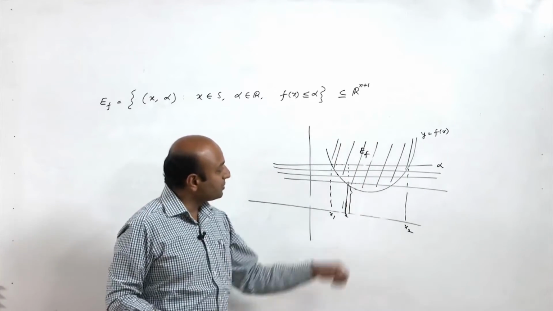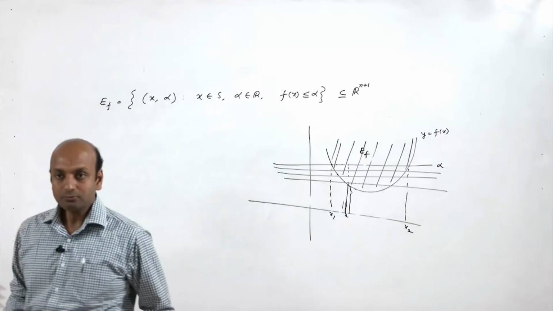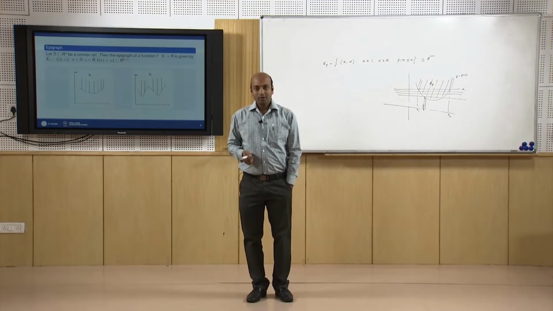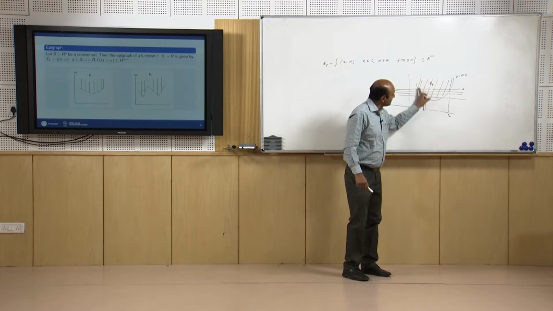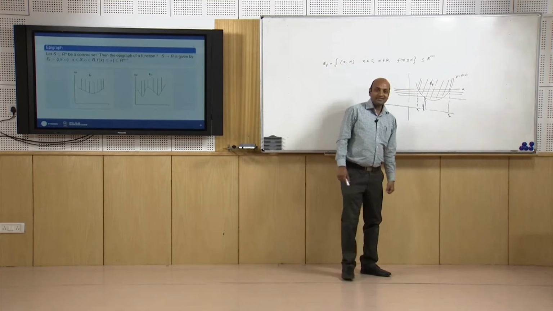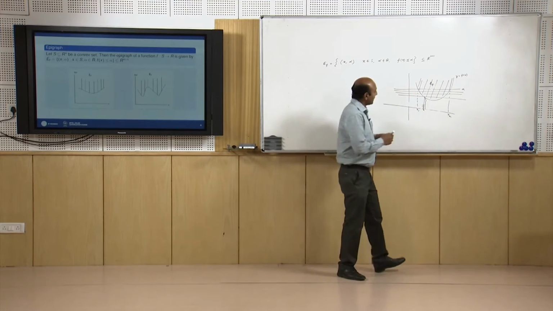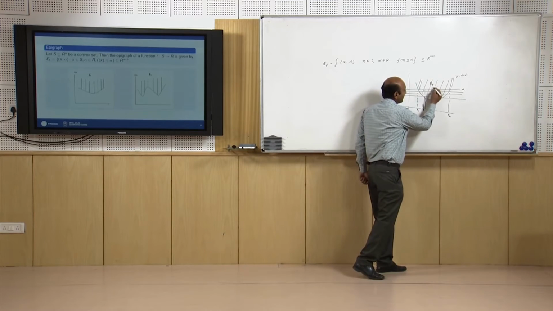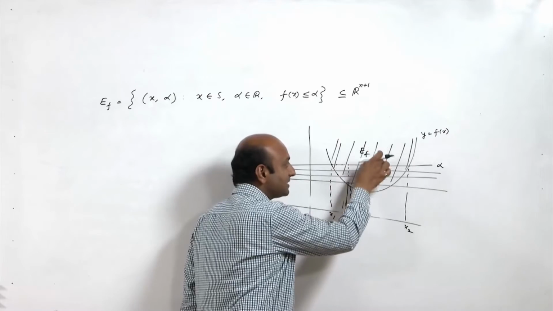Now you can easily observe that this function is convex, and the epigraph of this function is a convex set. If you take any two arbitrary points here and join them, the line segment joining these two points is inside this region.